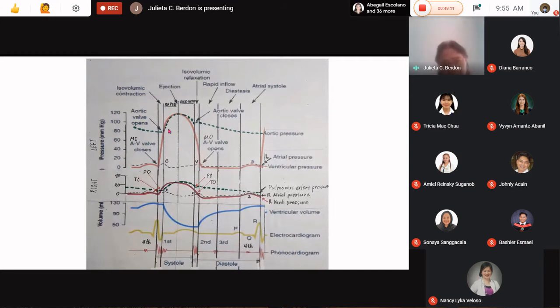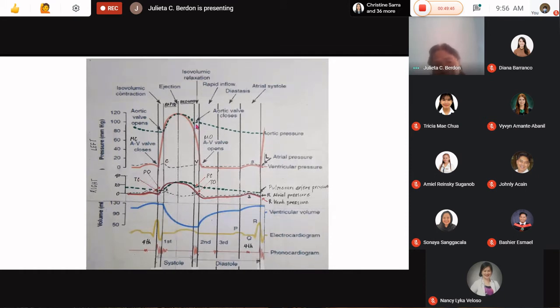Okay, so there is still ejection. And then aortic pressure is greater than ventricular pressure. So towards the end of this phase, the blood in the aorta will tend to flow back to the ventricle, and the going back of the blood from the aorta to the ventricle will close the aortic valve.